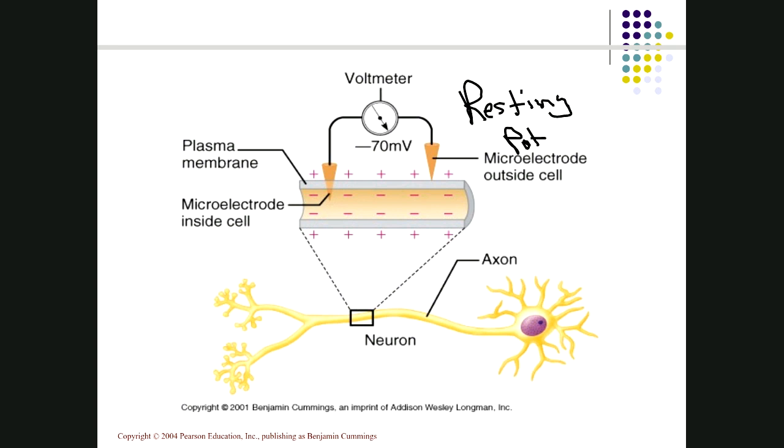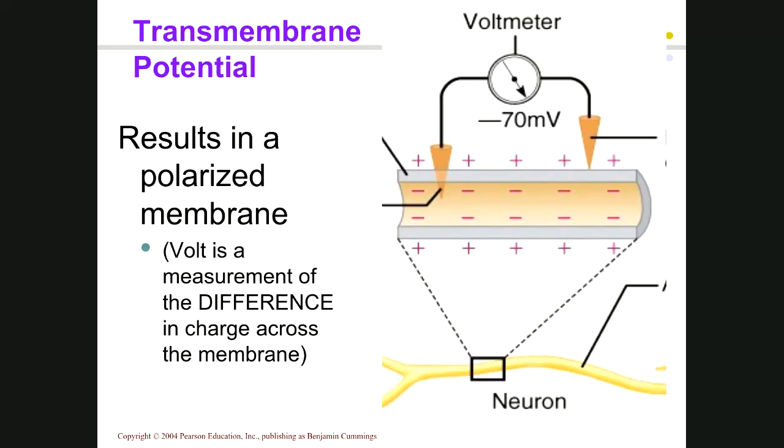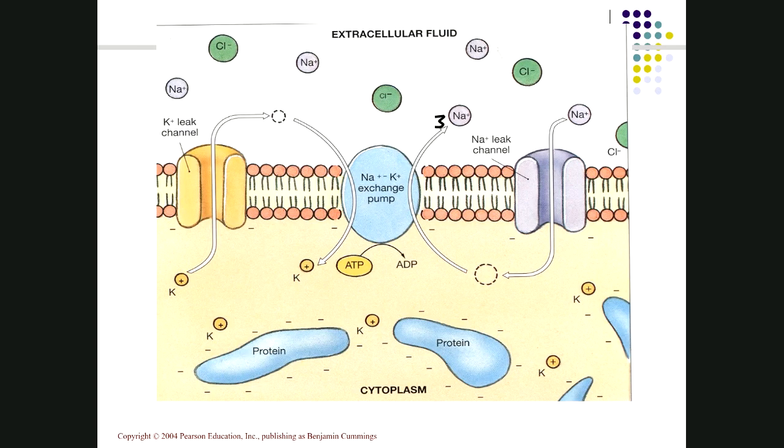It sounds like nothing's going on, but remember that's not true. All of this is going on. We're pumping 3 sodiums out. We're bringing 2 potassiums back in. The sodium is leaking in, and the potassium is leaking out.